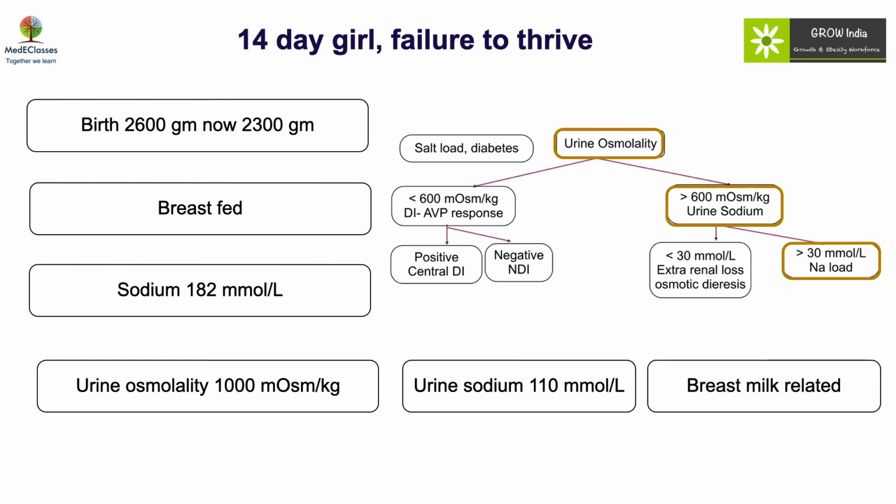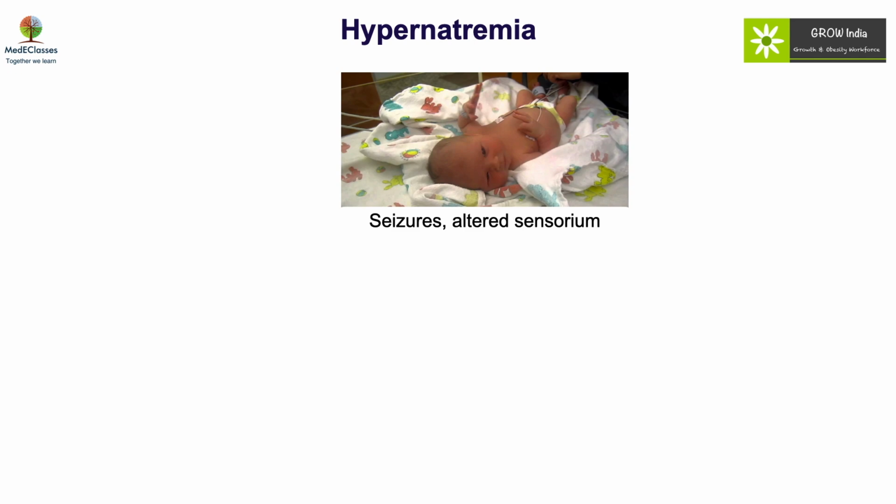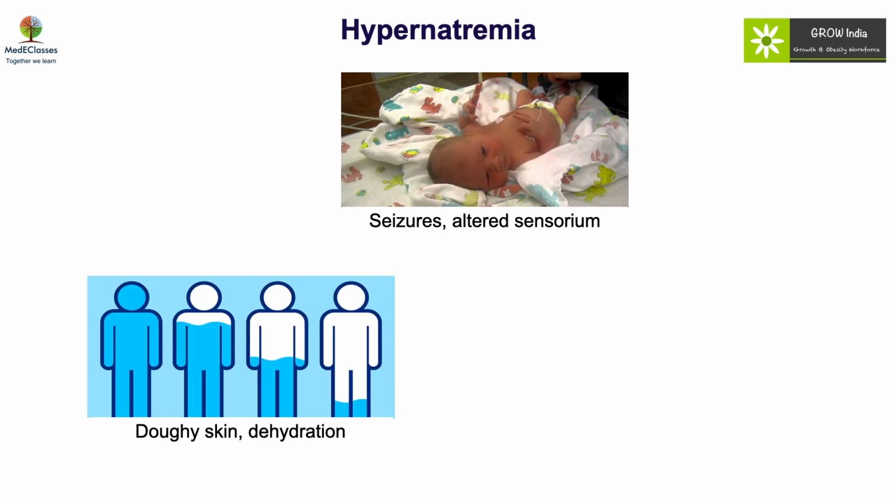The management is essentially the same way that we discussed about the dehydration correction, and then stimulation of breastfeeding, and if it's not possible, in rare cases, to think of formula feeding to ensure that the dehydration goes off. So hypernatremia is common in the neonatal practice, can present with seizures and altered sensorium. Very importantly, their dehydration may be missed because the skin is doughy.